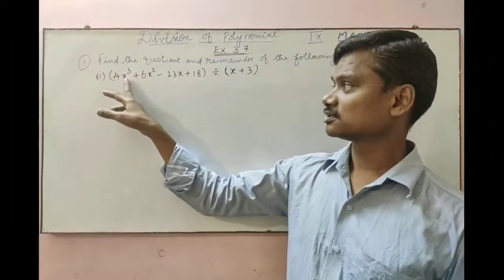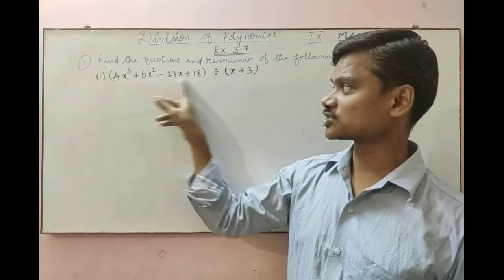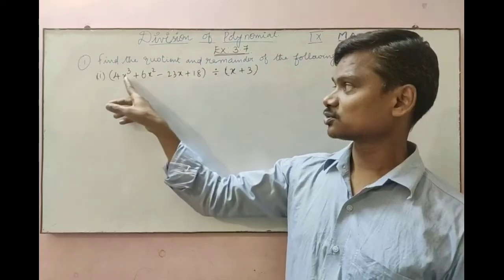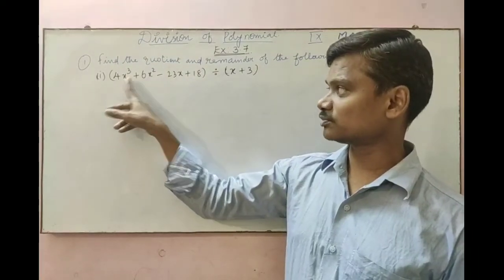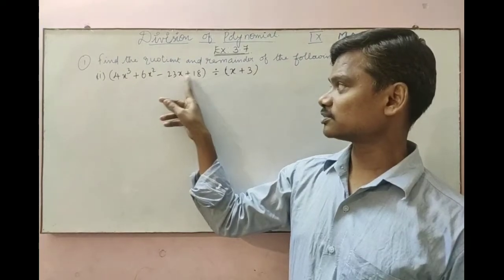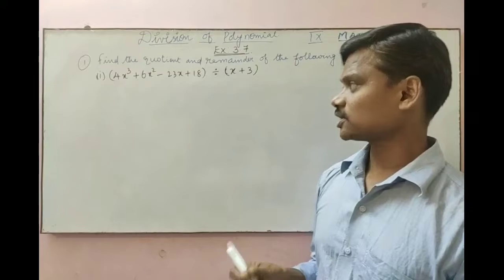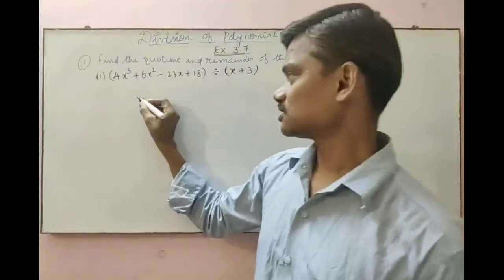That means if it is a cubic polynomial, the power is 3, so we call this a cubic polynomial. So first term is the x cube term, next the square term, the next one the x term and then the constant term. So we have all the terms. Now I am going to divide this.